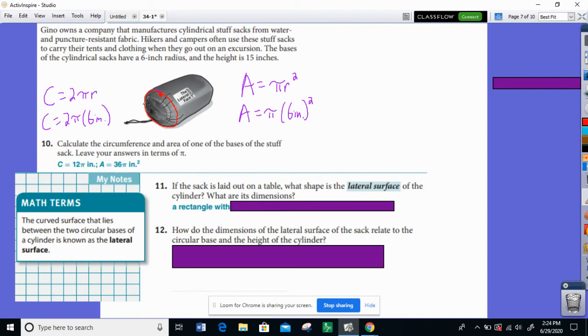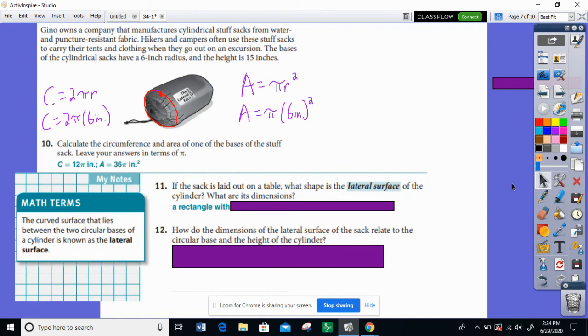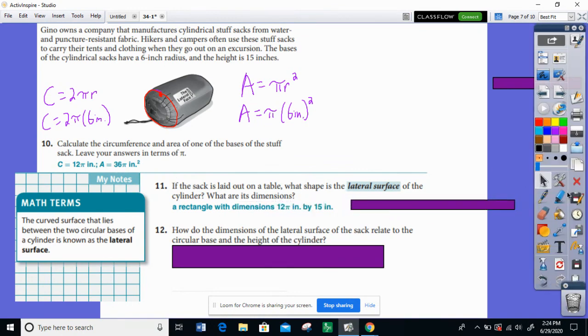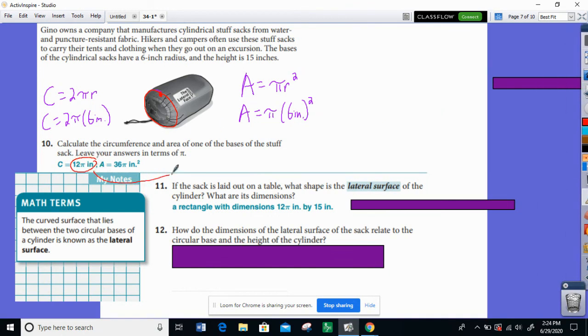Well, how long is that? That's exactly the circumference of the circle. So it would have dimensions 12 pi, because that's the circumference that we got over here. And it would also have a height of 15 inches because that is the height of the cylindrical sack.